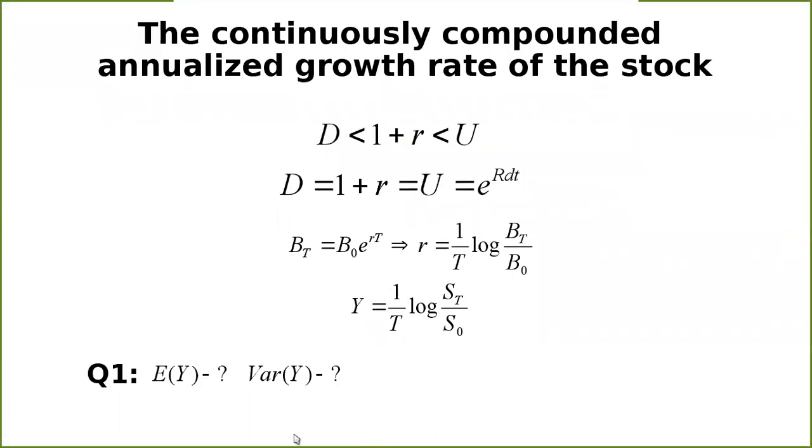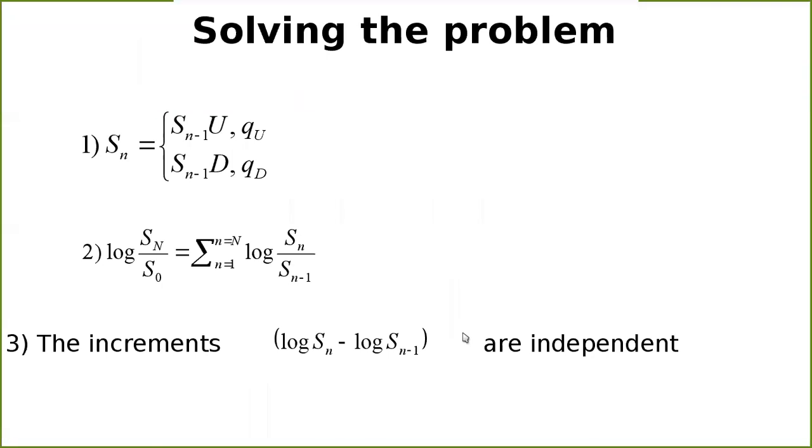And at the previous lecture, we introduced and considered the variable y equals 1 divided by t, logarithm St divided by S0. It is the log returns for our data.